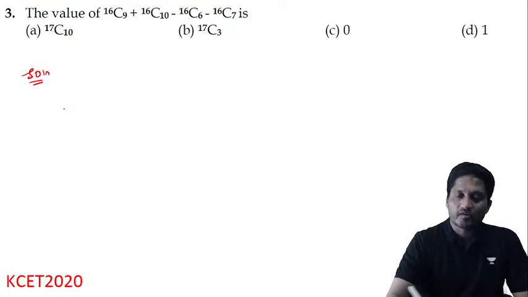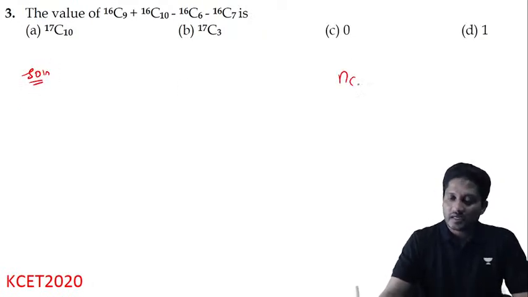We know the complementary combination: nCr is the same as nC(n minus r).